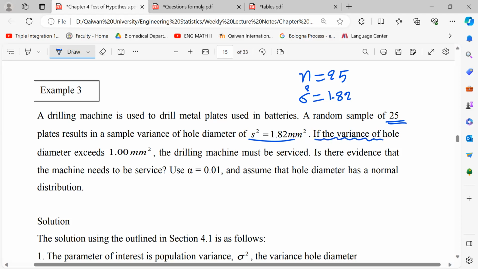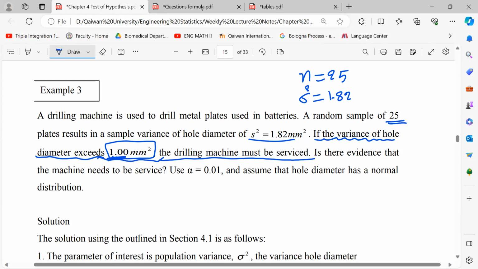If the variance of hole diameter exceeds 1, the drilling machine must be serviced. Now, the null hypothesis is that the diameter variance is 1. This is H naught. H naught is always equal to the given mean, the given variance, or anything.